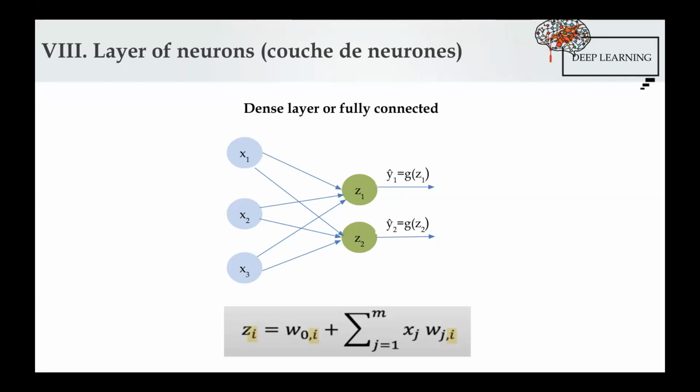Chaque neurone de la couche va avoir sa propre sortie. Il faut savoir aussi qu'il n'y a pas de dépendance entre les neurones d'une même couche. Ça, c'est important.